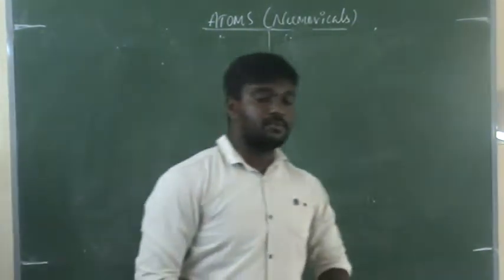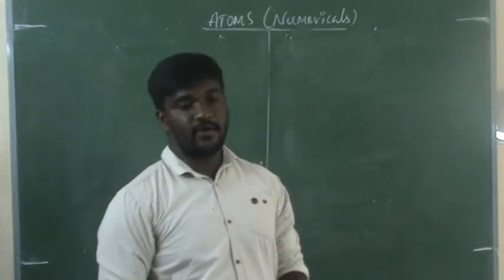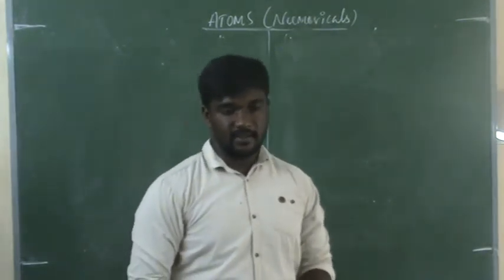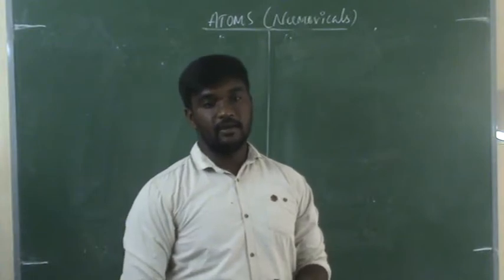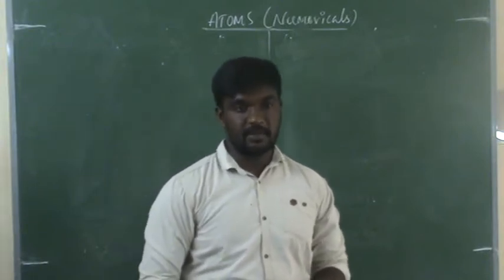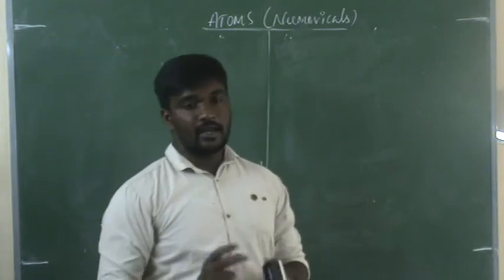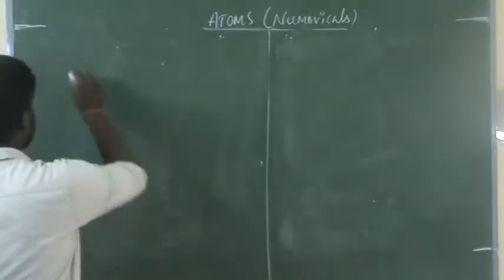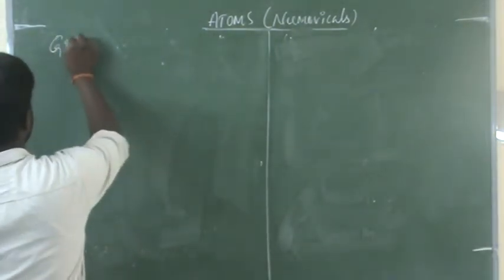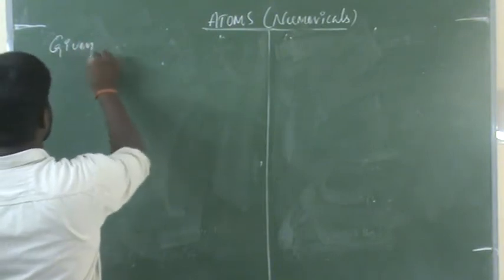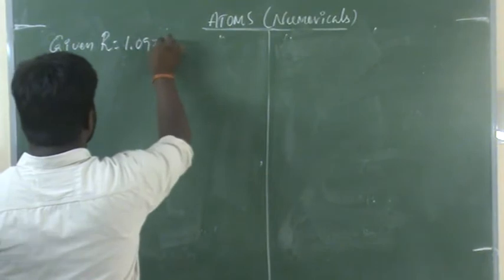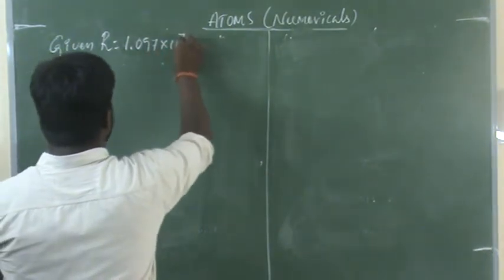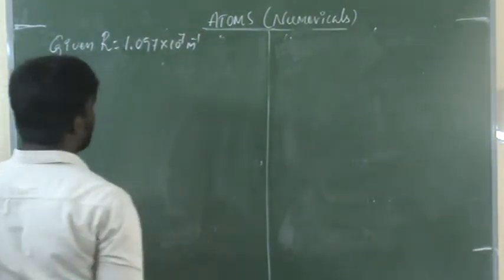So what the question means: calculate the wave number, wavelength and frequency of H beta line of hydrogen spectrum. Already I told you what is given: Rydberg constant 1.097 into 10 to the power of 7 per meter.